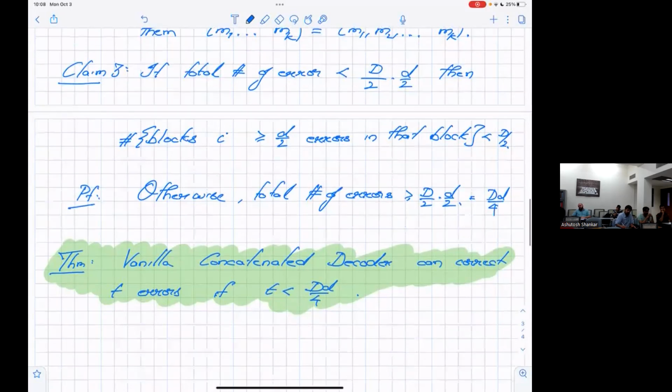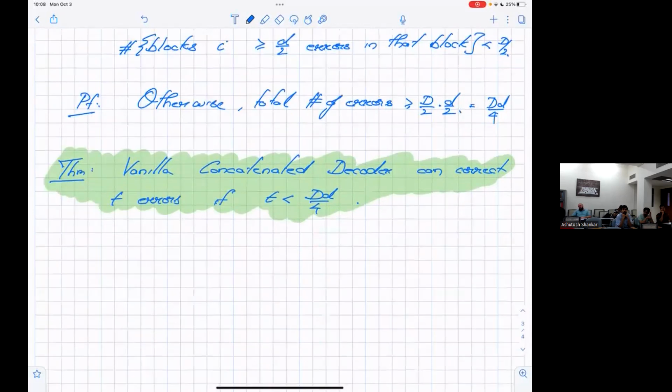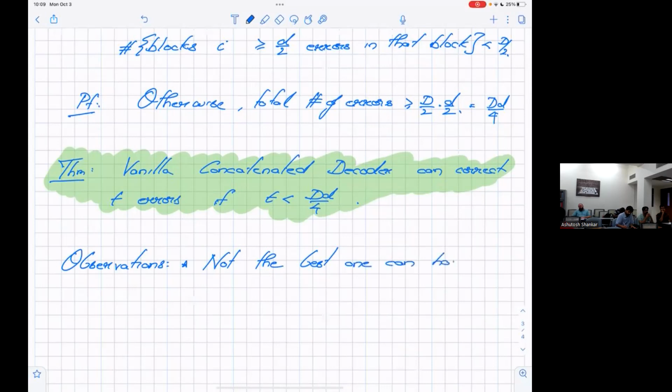A couple of things. Why am I calling this the vanilla decoder? Because it's the most obvious thing to do. But notice this is not the best that one should hope for. What's the best that one can hope for? It's dD by 2.